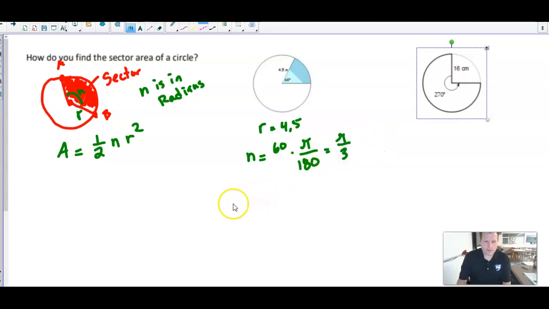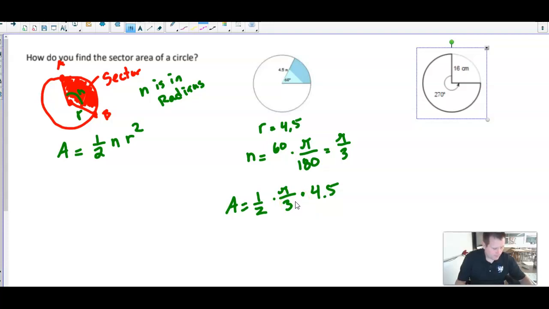And so to find my sector area, this area that's shaded right here, I'm just going to go 1/2 times pi over 3, and then times 4.5 squared. Don't get your n and your pi confused. You need to draw that a little bit better. That is perfectly a-okay to do.